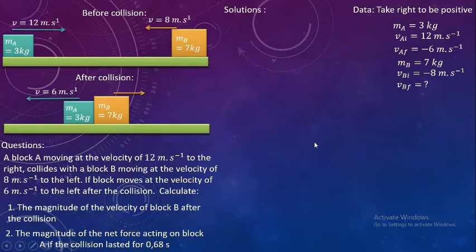To calculate the final velocity of block B, we are going to use the principle of conservation of linear momentum. The principle of conservation of linear momentum tells us that the total sum, this symbol, sigma, means a sum of.